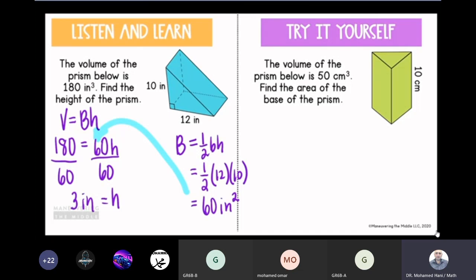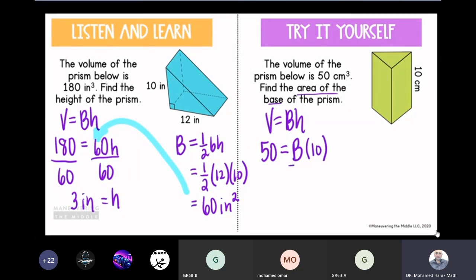In this question, it says the volume of the prism below is 50 centimeters cubed. Find the area of the base of the prism. This one's similar, but it's a little bit different. We're going to go back to our equation. Volume equals the area of the base times the height. It tells us the volume is 50. It's asking to find the area of the base, which we know is represented by big B. And the picture shows us that the height of the prism is actually 10.